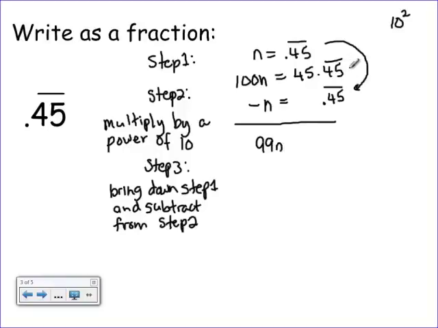And this is what happens when you multiply by that power. This is forever 45 repeating, and this is 45 repeating, so they're just all going to cancel out. I'm left with 45.